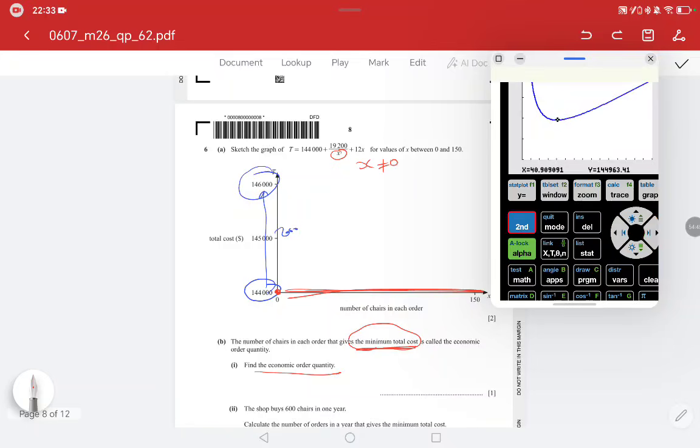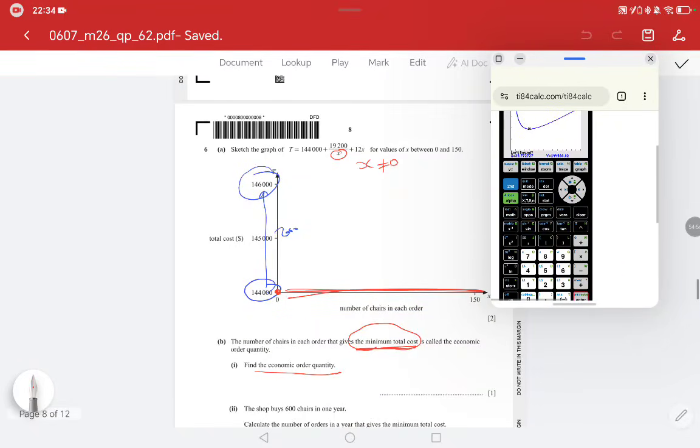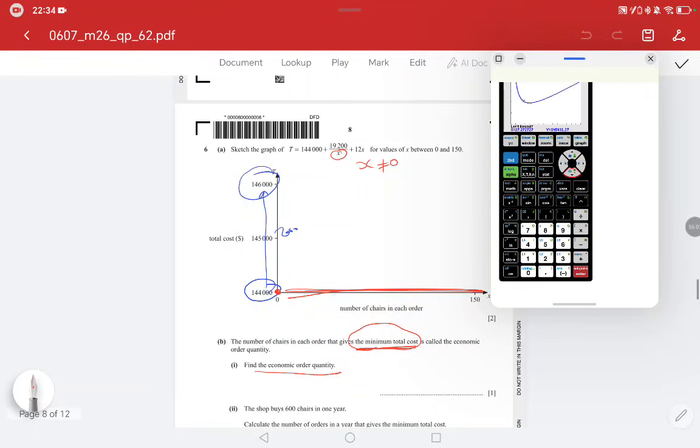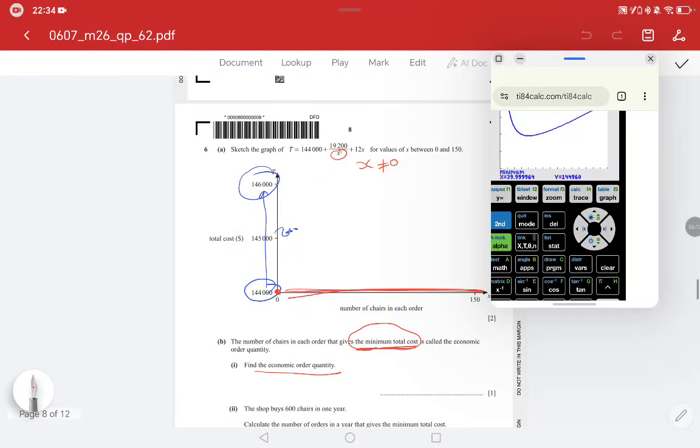Second, calc, and then the minimum: left bound, a point before, and a point after. So the minimum is, you can see here, 40. So the answer is 40.